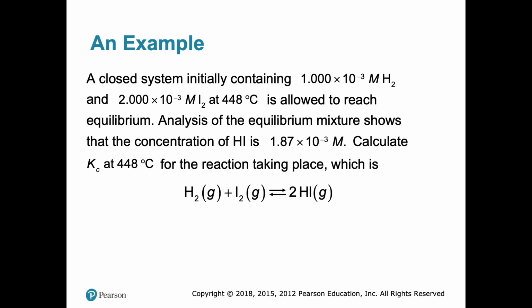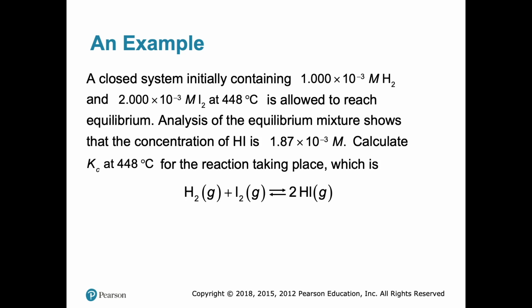So here's an example of a question I might give you on the written portion of an exam. A closed system initially containing 1 times 10 to the negative 3 molar hydrogen gas and 2 times 10 to the negative 3 molar iodine gas at 448 degrees Celsius is allowed to reach equilibrium.